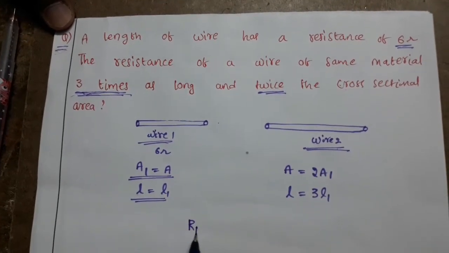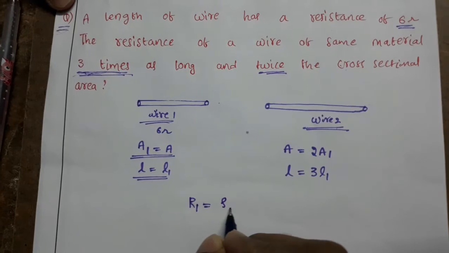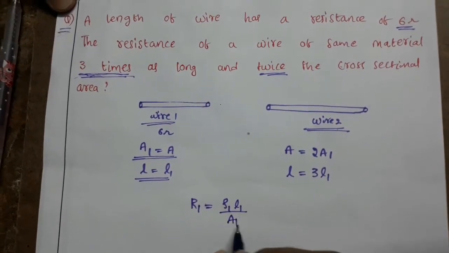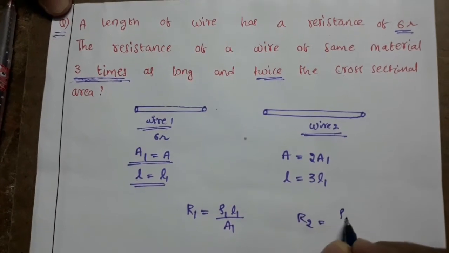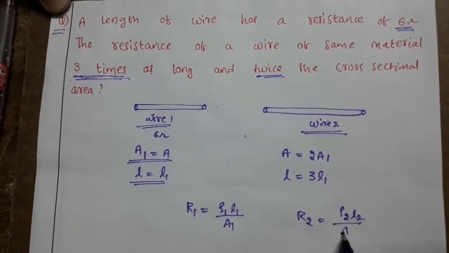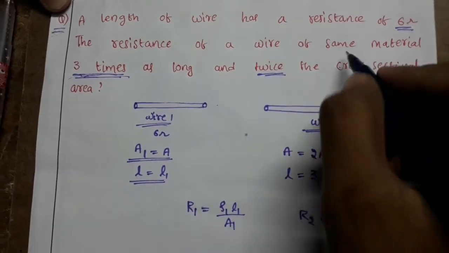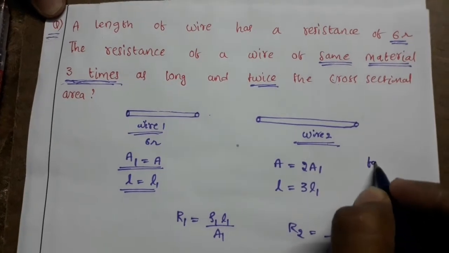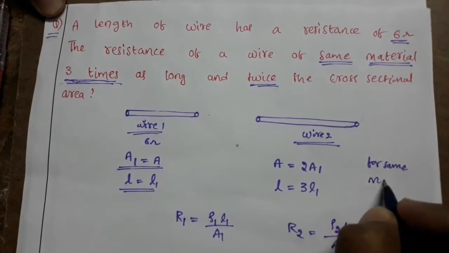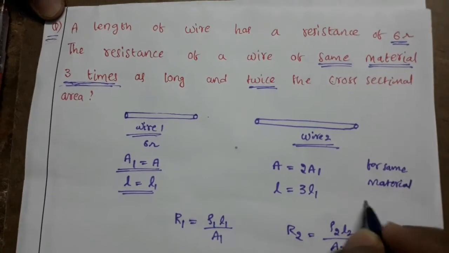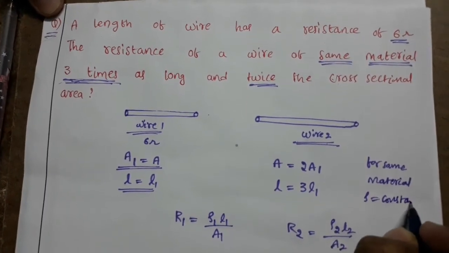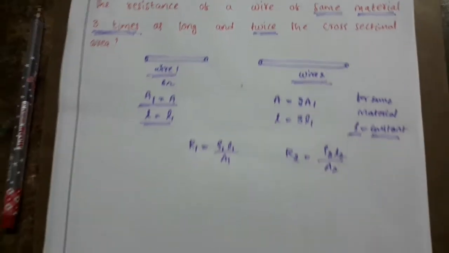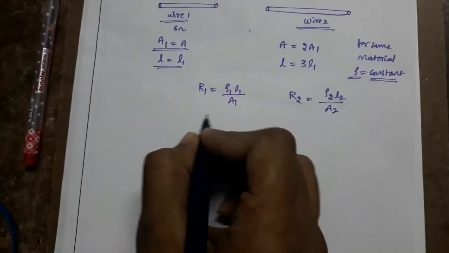We know R equal to rho L by A. From that, R1 equal to rho 1 L1 by A1, and R2 equal to rho 2 L2 by A2. They have given the hint: same material. So, for the same material, rho is constant, since rho depends on the nature of the material.